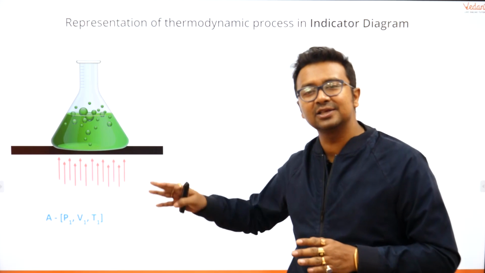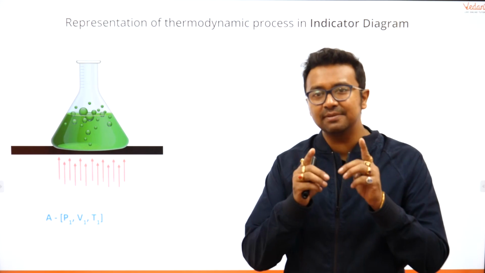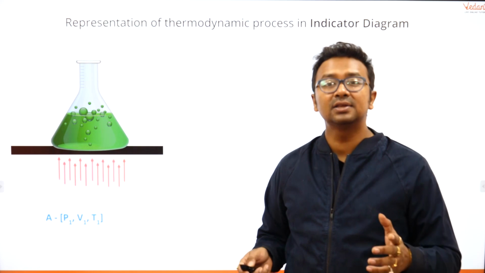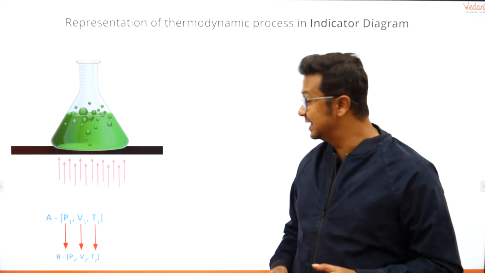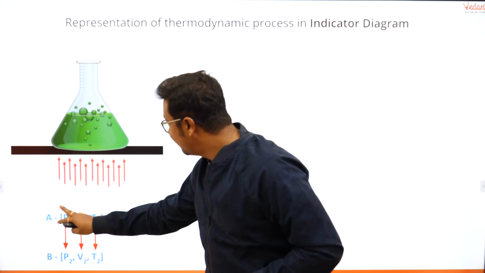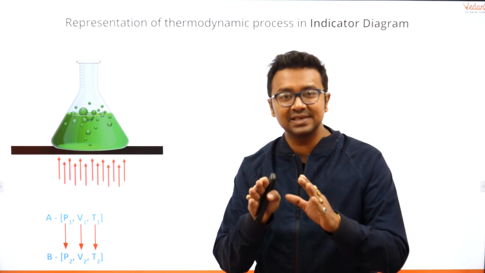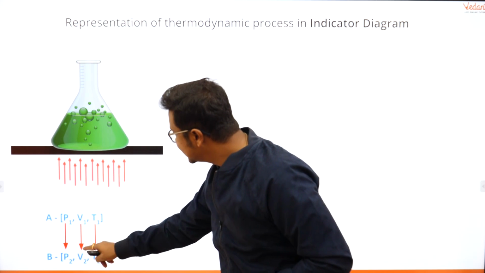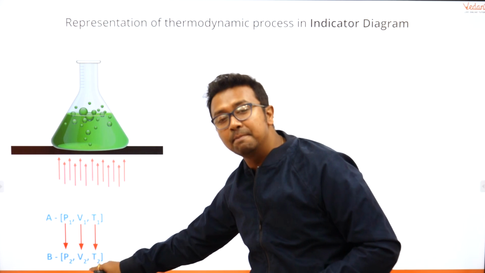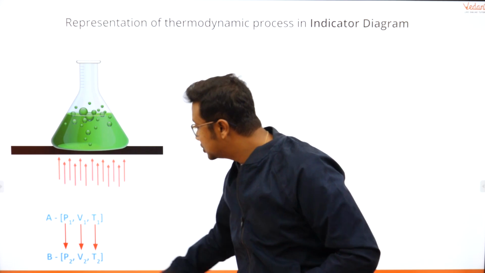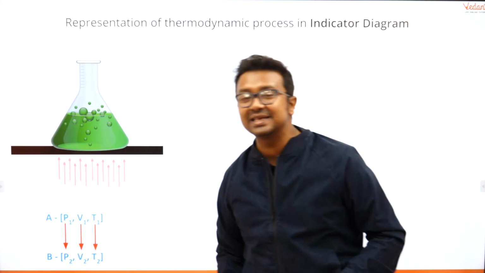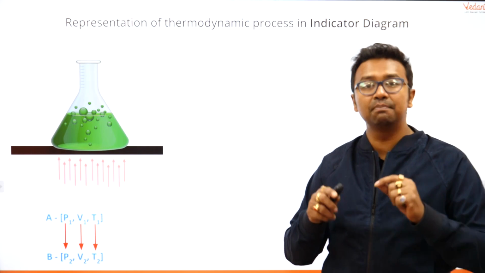You keep on heating this system. At a later time T, the thermodynamic variables are going to change. The first state was represented by, let's say, A, and the second state, when its pressure became P2, volume became V2 and temperature became T2, was represented by the state B.